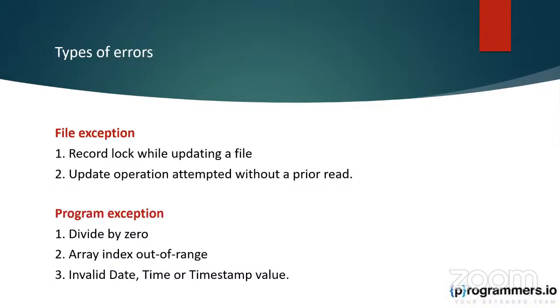For example, if we call the first program, and in that program we are reading the file, and at the same time we call another program, then the second program will throw an error showing that the record is used by another program.